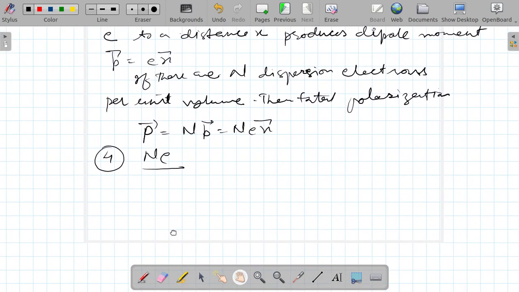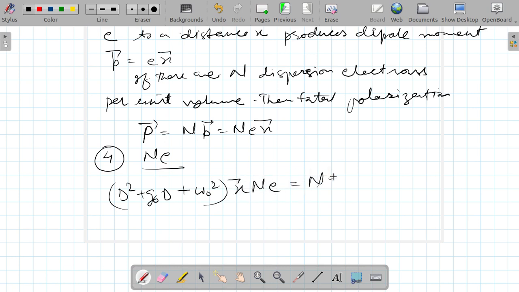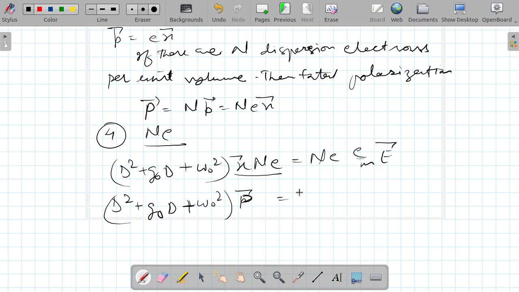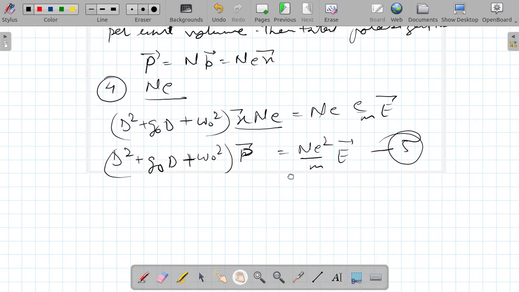Then the equation becomes D square plus g naught D plus omega naught square acting on x, times Ne, equal to Ne times e by m E. So this equation simplifies to D square plus g naught D plus omega naught square acting on the total polarization vector P of the system, equal to N e square by m E. Let me call it equation number 5.